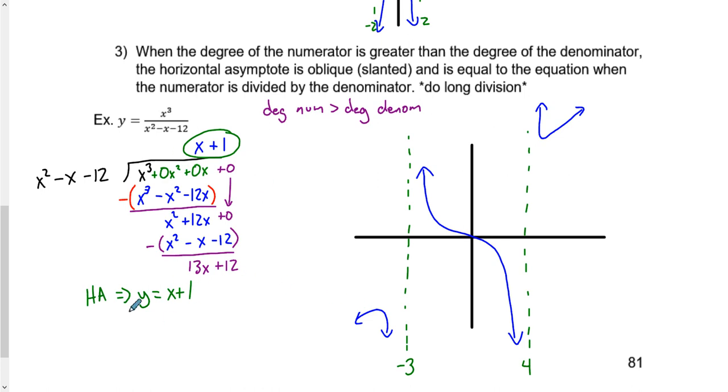Now I want you to graph the line y equals x add 1. When you graph that line, y equals x plus 1, is just like that. You are actually having your function spoon with your asymptotes.